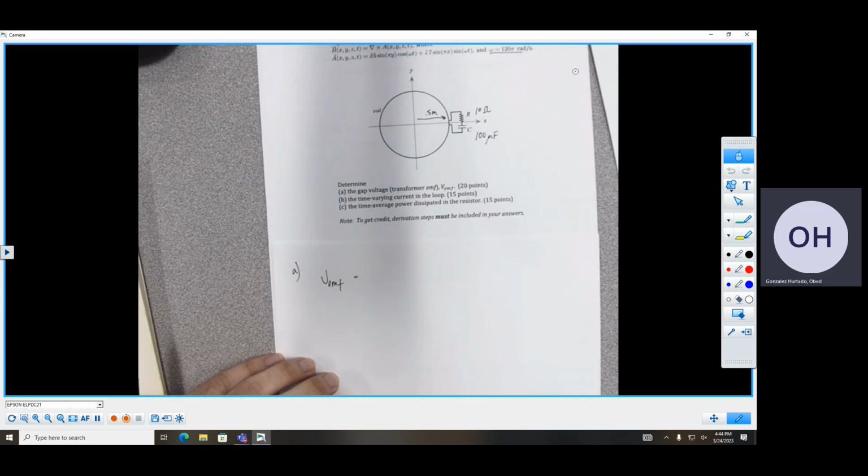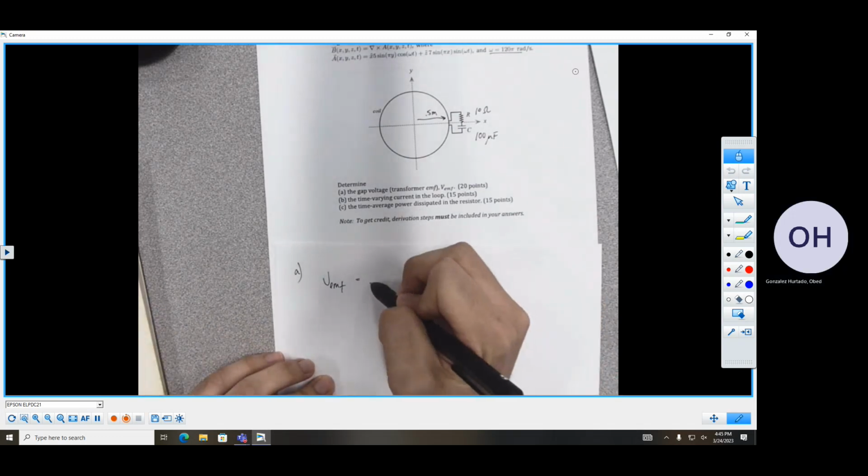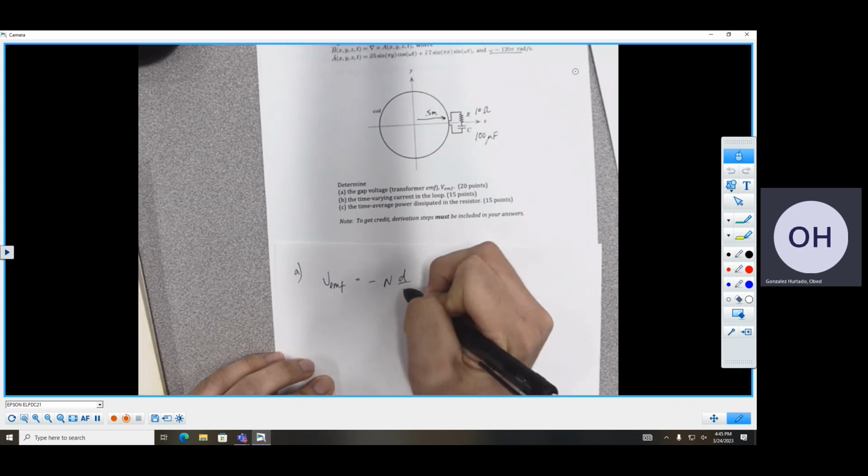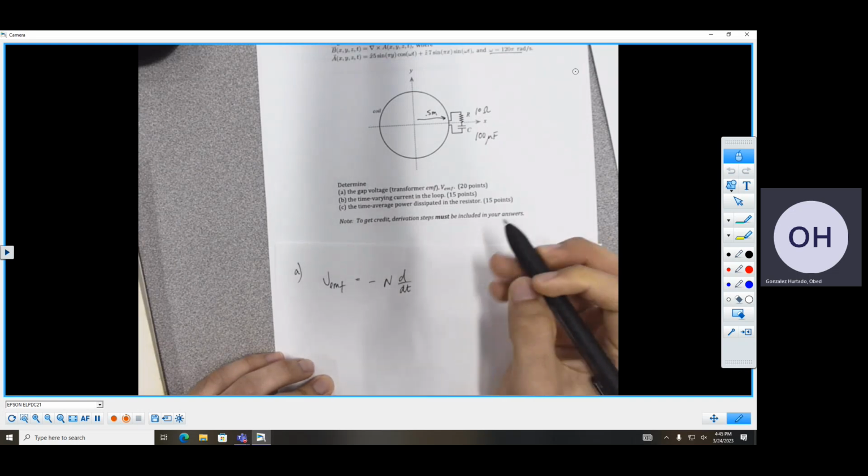Not that one. Change of flux with respect to time. Yeah, I'm just saying like the derivative. You take the derivative of your flux. So it's going to be this.